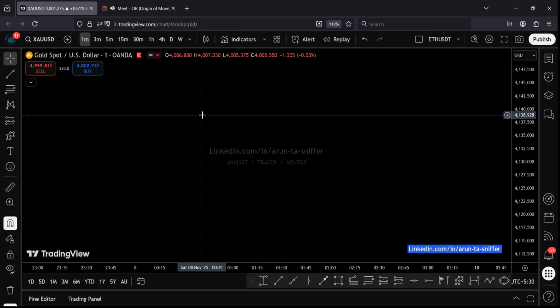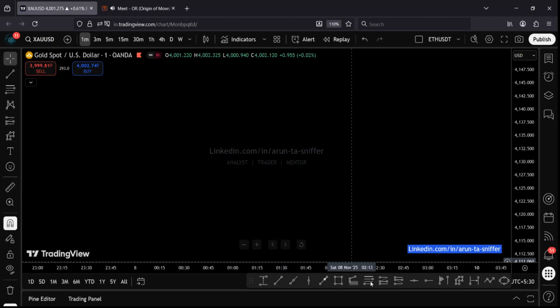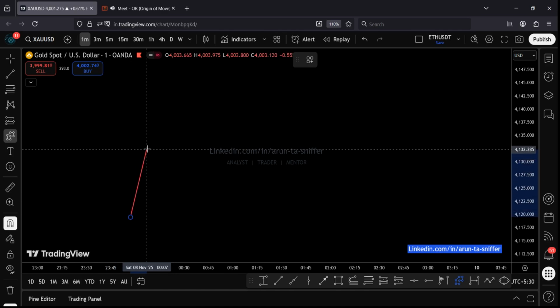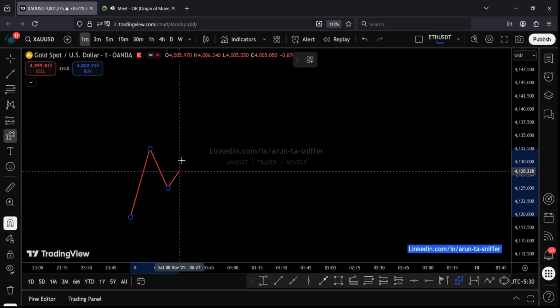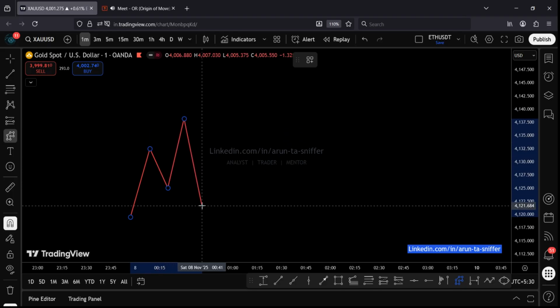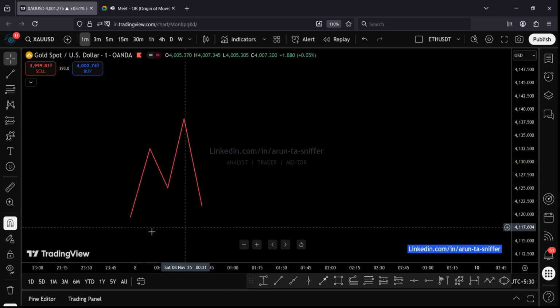And next is our ignored QM. So first let's draw the QM. What is the QM? Price goes up, makes a high, pulls back, makes a low, goes up, makes a higher high, pulls back and makes a lower low.